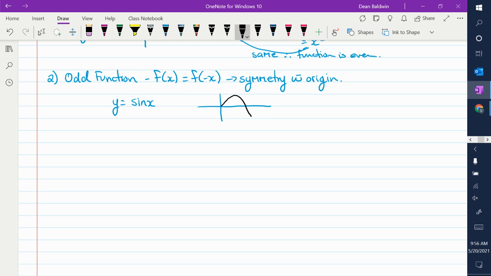You know what a sine graph looks like? Symmetry with the origin basically means if you took the graph and you flipped it this way, boom, that's what this bit is. It would be the same as taking the graph and flipping it that way. Okay? Do you get the same thing?